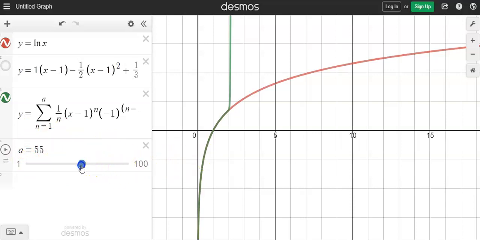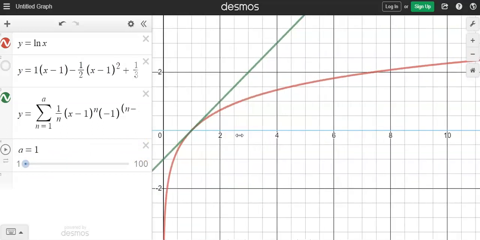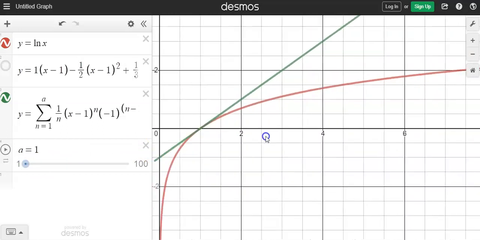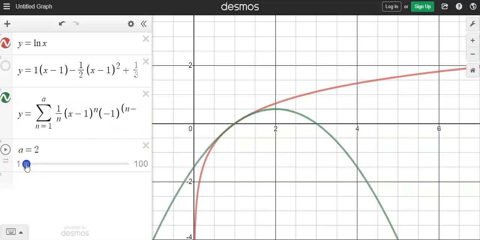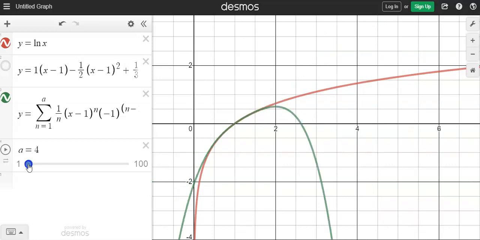But what I want you to see here is something really interesting with the natural log of x. Let's back this thing back to the beginning for a minute, and let me zoom in just a bit, because I want you to notice something about the natural log of x Taylor polynomial approximation. Are you ready? Watch it again. There's the linear, the quadratic, the cubic, the quartic, the quintic.